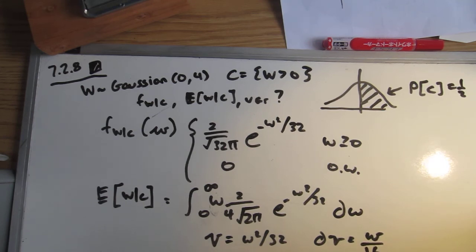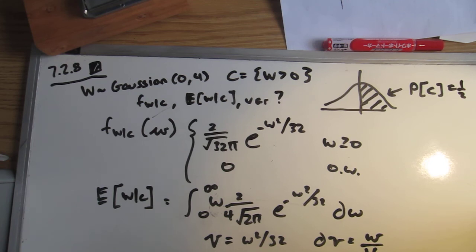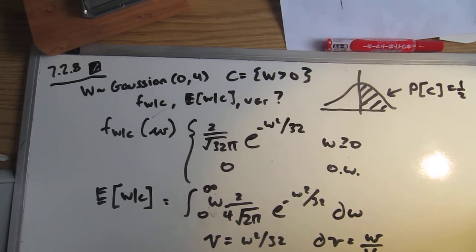So our integration ends up to be 32 over 2 pi, integrating from 0 to infinity, e to the minus v dv, which actually gives us a very nice result, 32 over 32 pi. Yes, I left the 32 out here. There should be a 32, right? Because 1 minus 0, so the whole integral goes away.